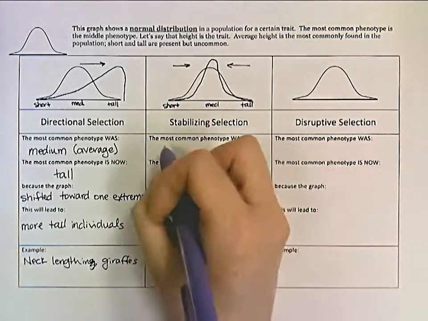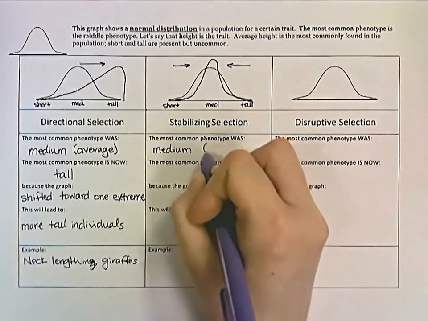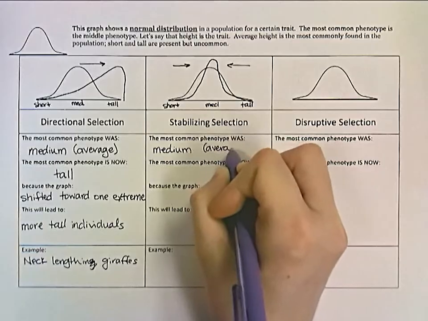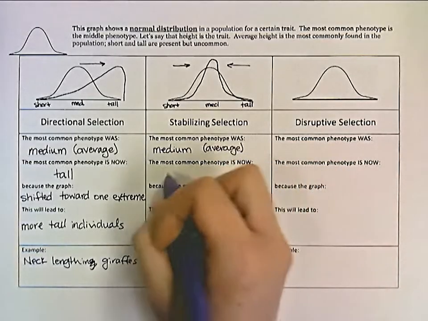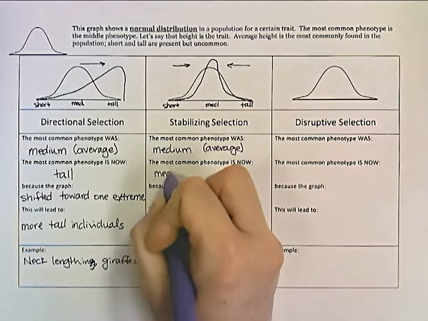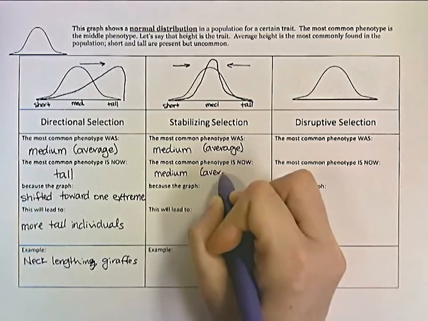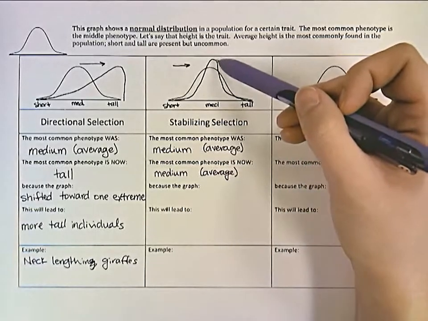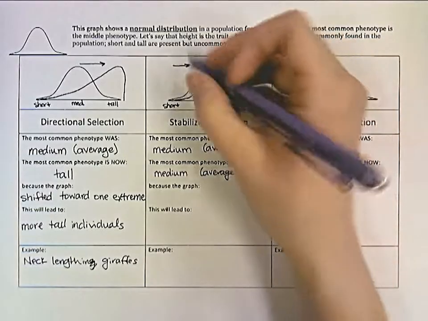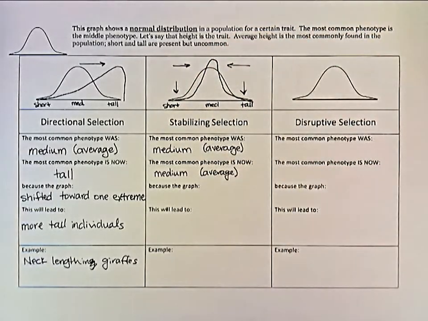So our most common phenotype was medium, which is our average. Most people were medium height. And now our new most common, still medium. That is still the most common phenotype. In fact, it's more common than it was before because we see a decrease in these extremes on either side.